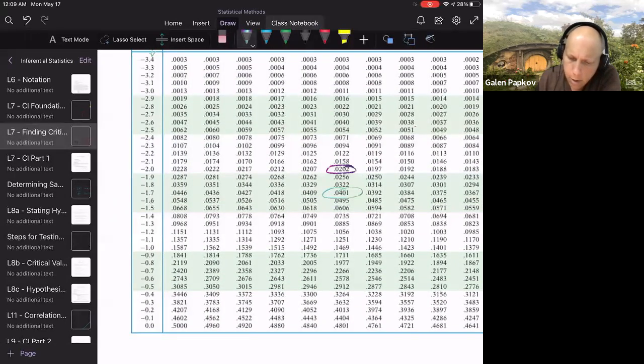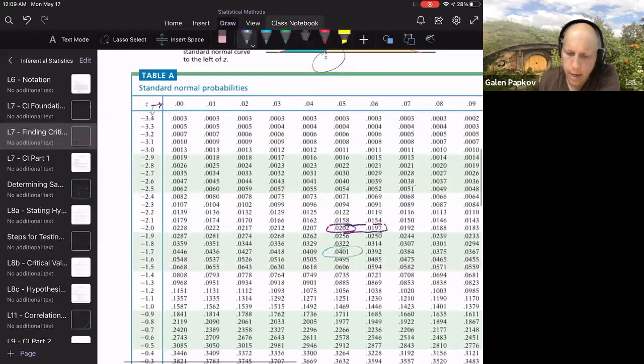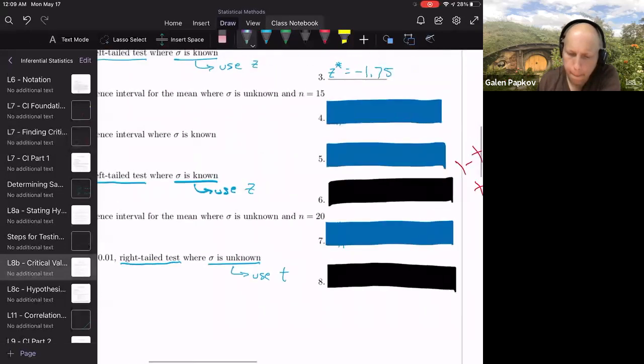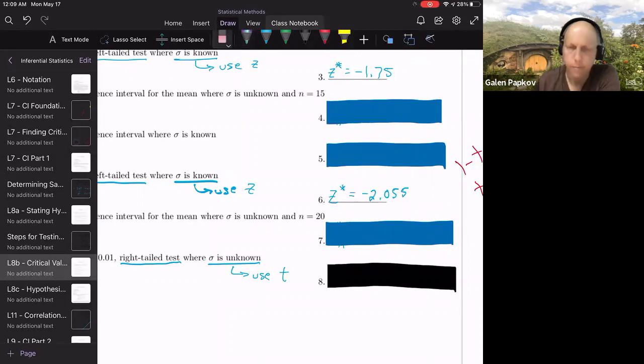You might interpolate because it's almost in between, but I'd be looking for something like negative 2.05, maybe negative 2.055. Either of those would be fine. And there you have it. So in this one, I chose to interpolate, but going with the closer one would be fine.